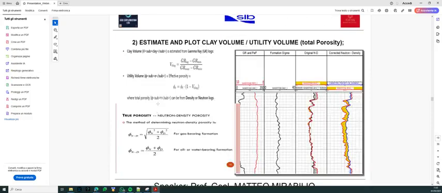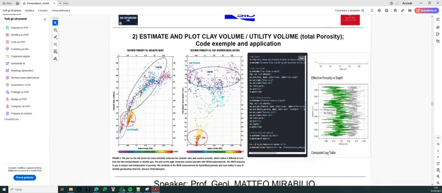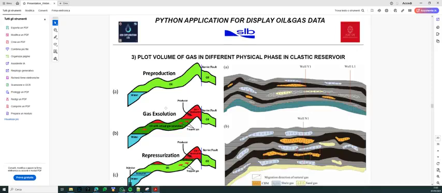When we make this petrophysical analysis, this kind of log analysis, especially the neutron porosity log and neutron density porosity, we can also underline the different physical phases in the reservoir. If you have only liquids, gas, condensate, and planning all the future operation.